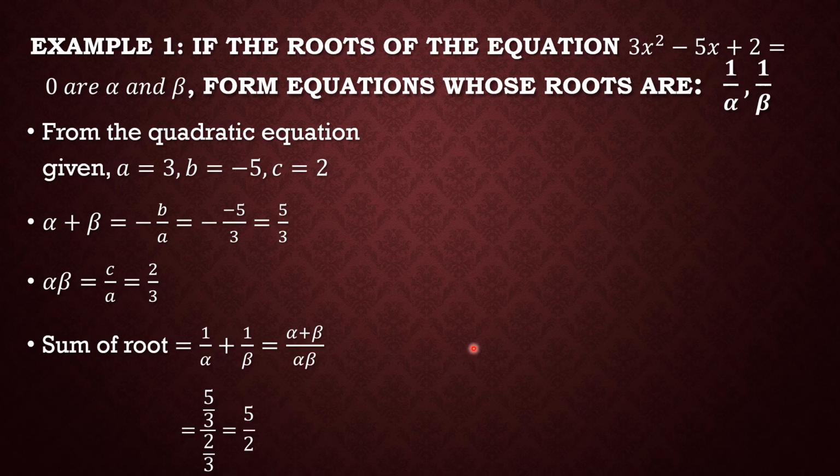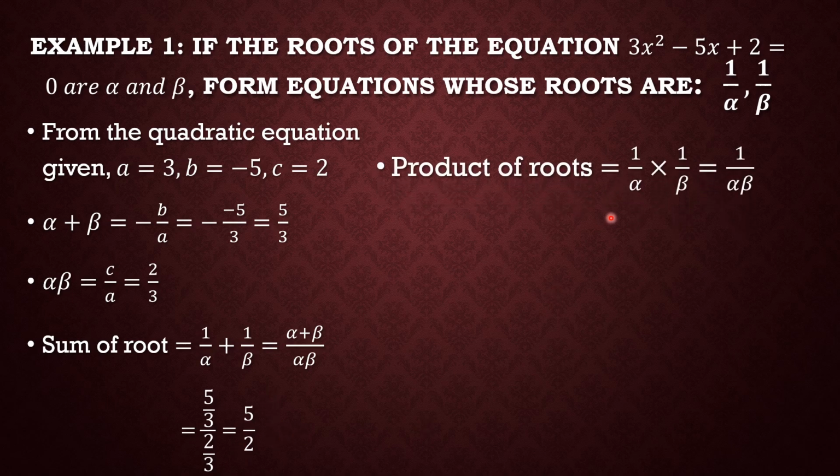It means the new equation that we are going to form, whose root has been transformed, when you add their sum, the answer will be 5 divided by 2. Then let's repeat the same process for the product. So we are going to multiply these roots, which will give us 1 over alpha times 1 over beta.